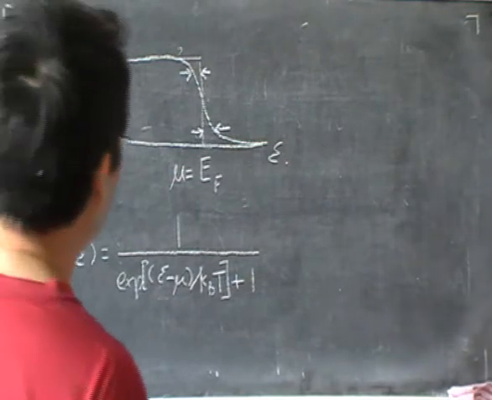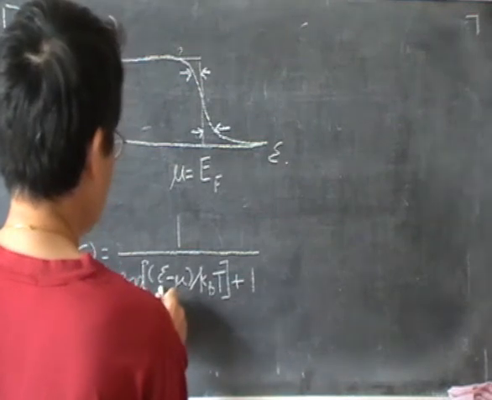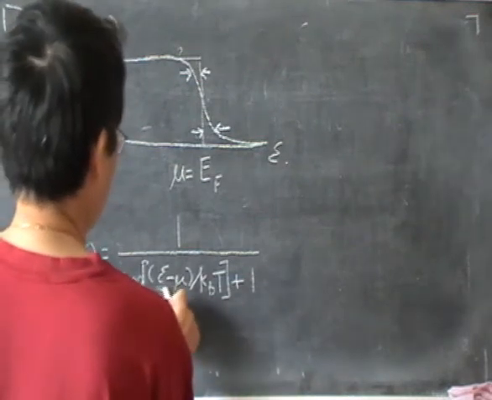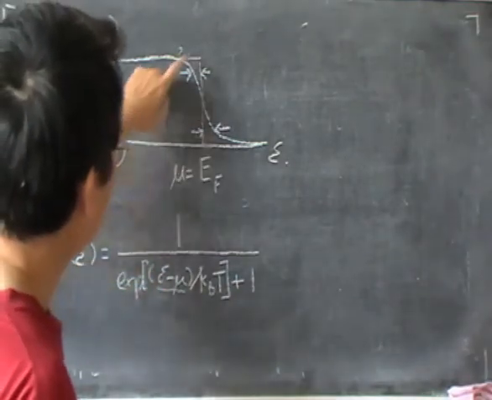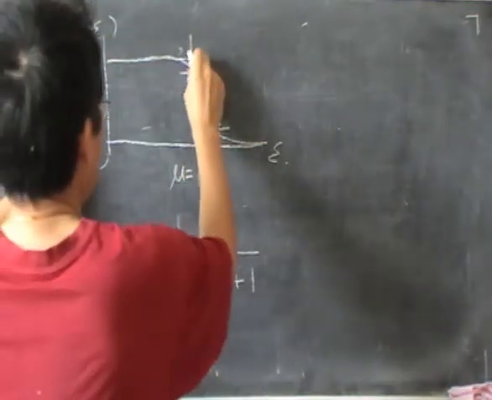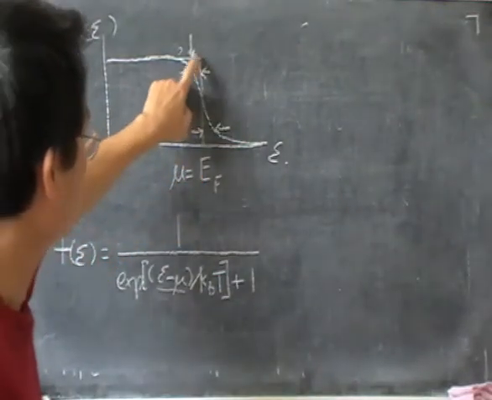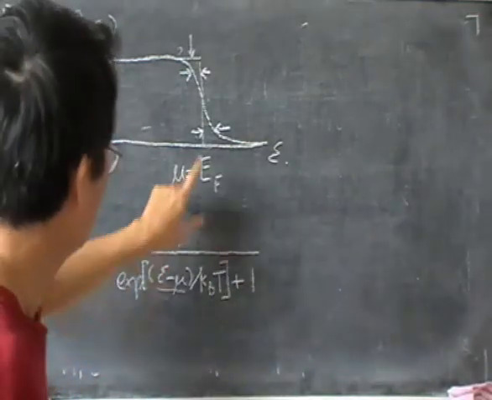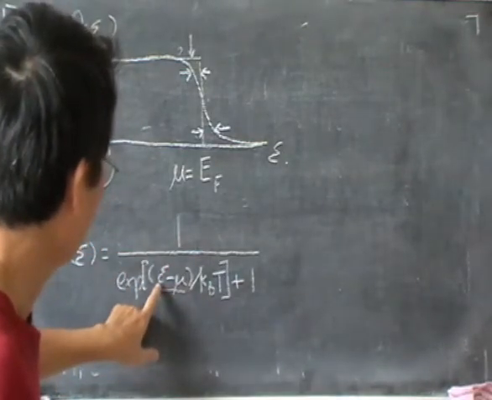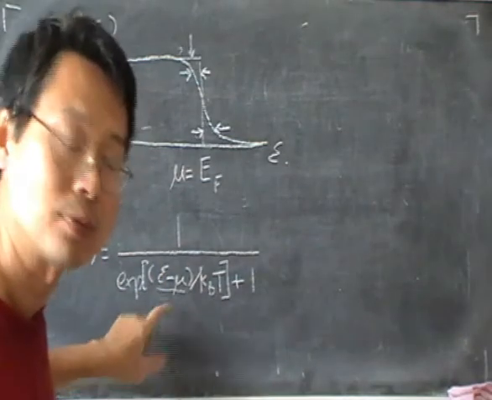The way to do it is this. If you look at this argument here, E minus mu, if we are around this region here, the energy is slightly below mu, the Fermi level. So this means that the argument is negative.